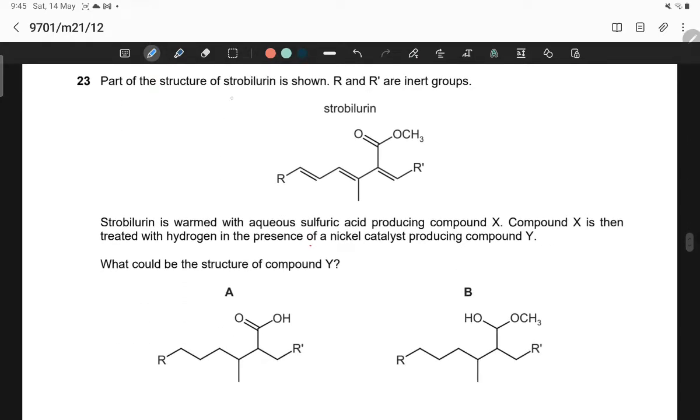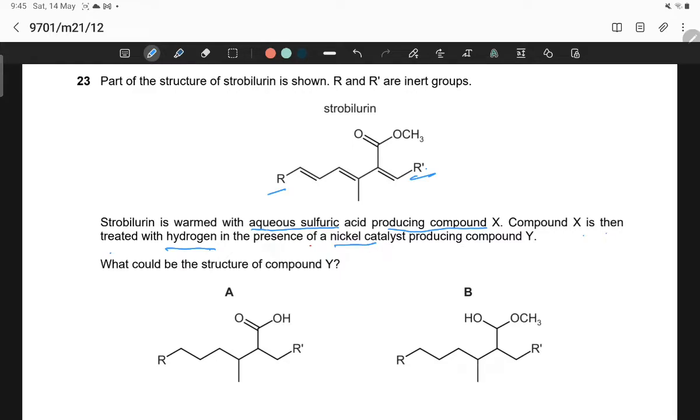Part of the structure of Strobilurin is shown. R and R dash are inert groups. Strobilurin is reacted with aqueous sulfuric acid producing compound X. Compound X is then treated with hydrogen in the presence of nickel catalyst.